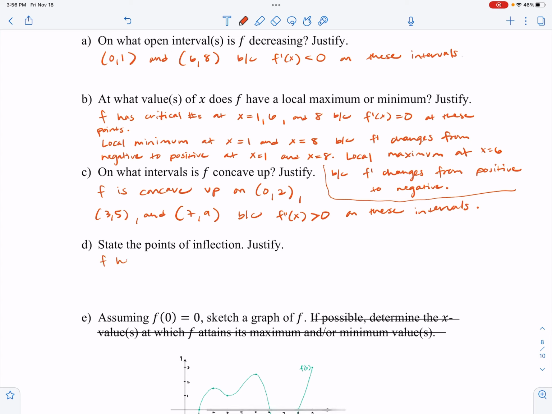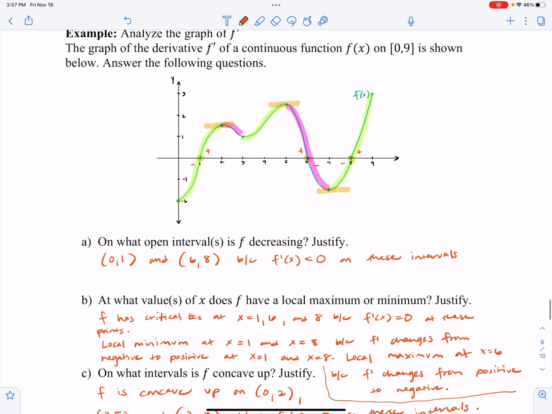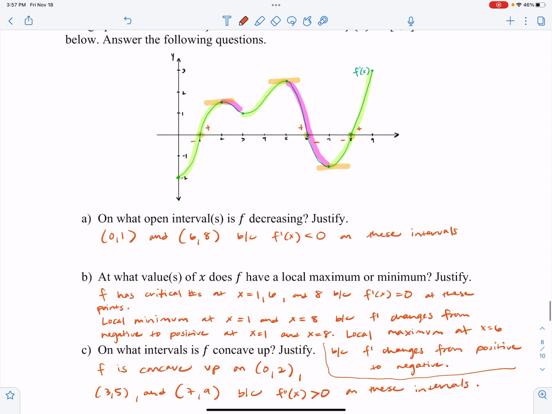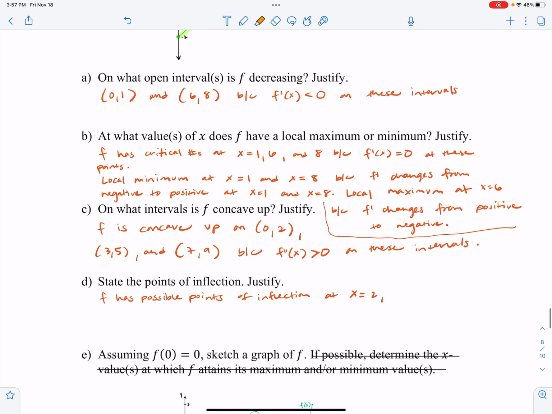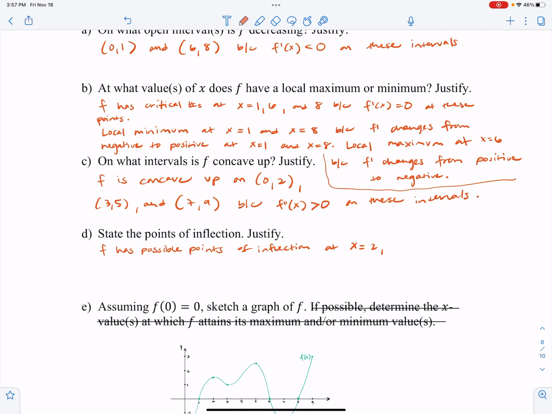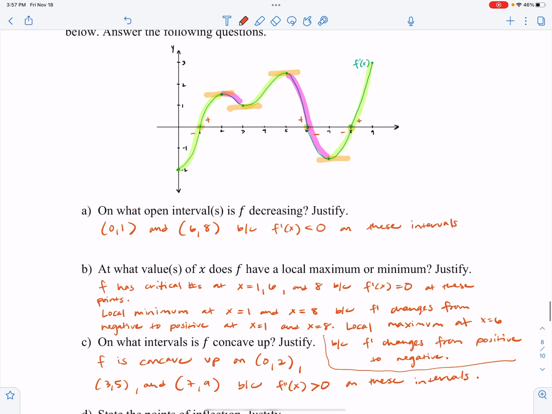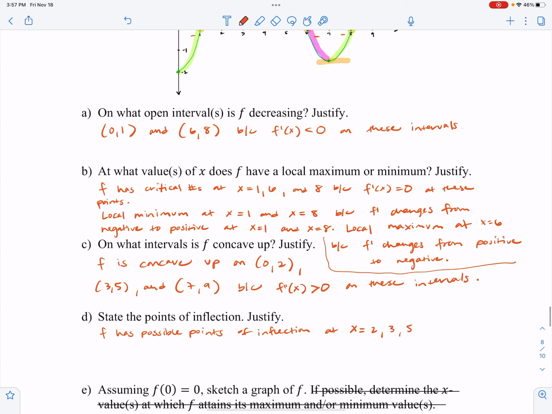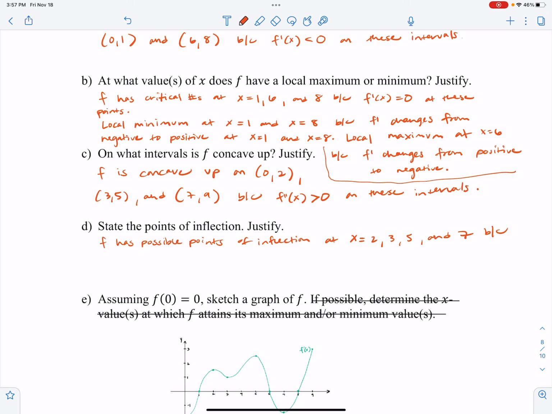So f has possible points of inflection at x equals 2, oh, I missed one, 3, 5, and 7, because at those values, f double prime is equal to 0.